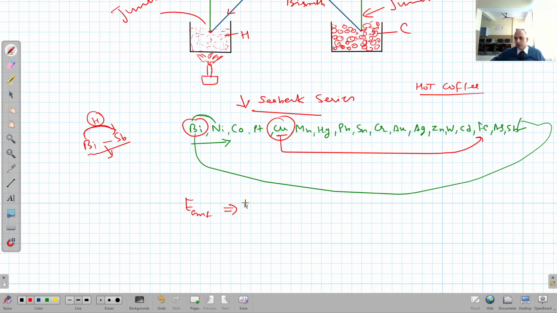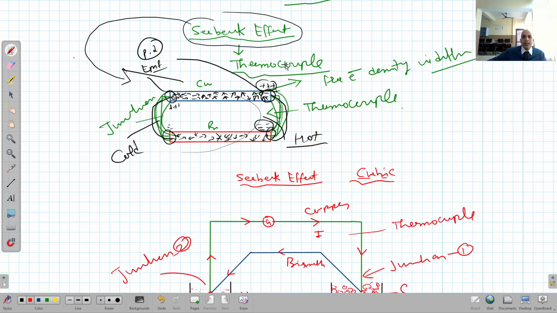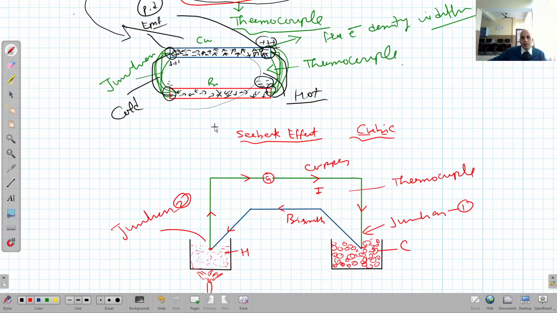EMF is equal to minus S delta T. This is the result that has been derived by Seebeck. EMF is equal to minus S delta T. Here S stands for the Seebeck coefficient, and delta T is the temperature difference, or I can say temperature gradient, across the junctions, across the two metals, right? So this is all about the first type of thermoelectric effect, right? It was the Seebeck effect. So this is all about it.